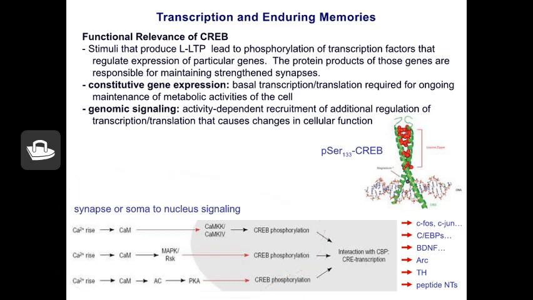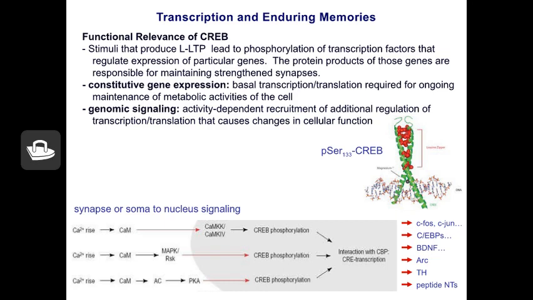A signal arrives at a receptor on the cell surface, which leads to the production of a second messenger such as cyclic AMP or calcium, which in turn activates protein kinase. This protein kinase might translocate to the nucleus, or there may be a cascade of these kinase actions eventually translocating to the nucleus, where a kinase will phosphorylate serine 133 on the Krebs protein.